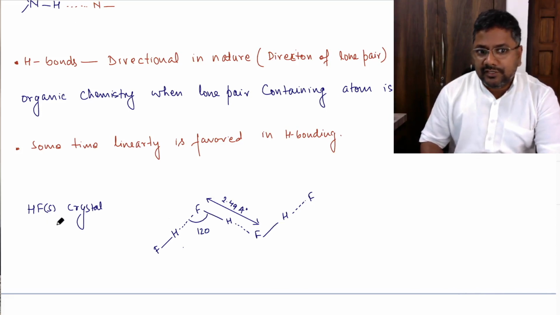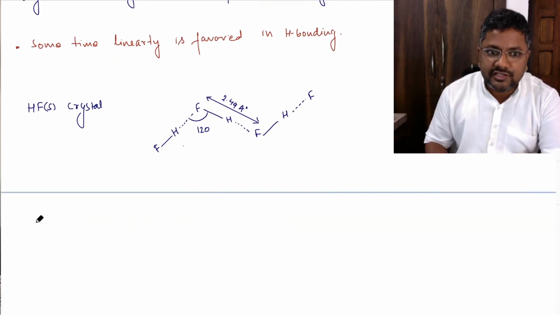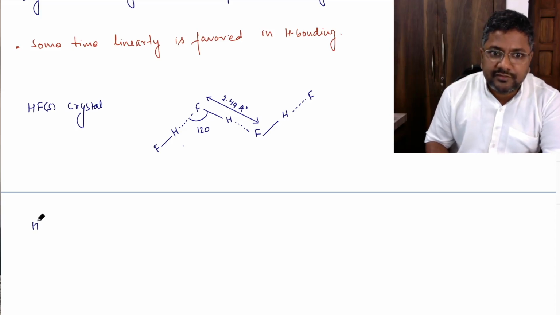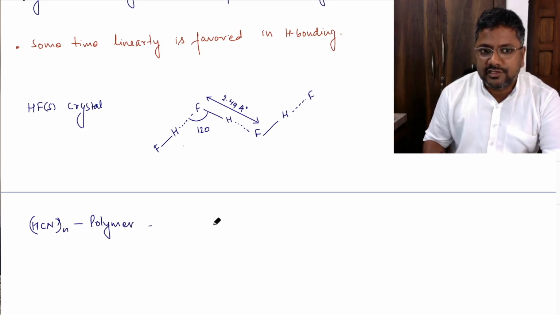But if we see a similar example, the HCN polymer, then the hydrogen bond is linear.